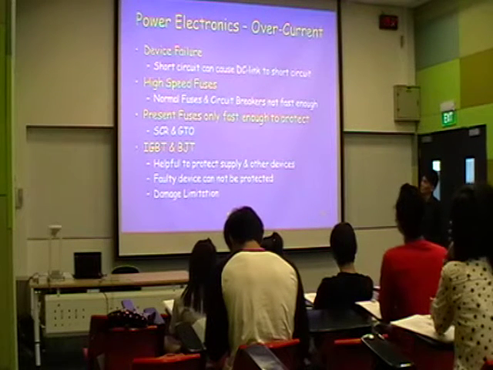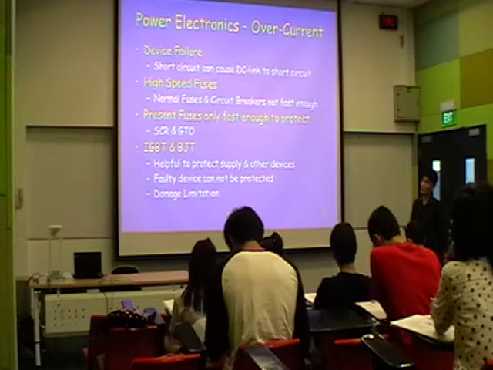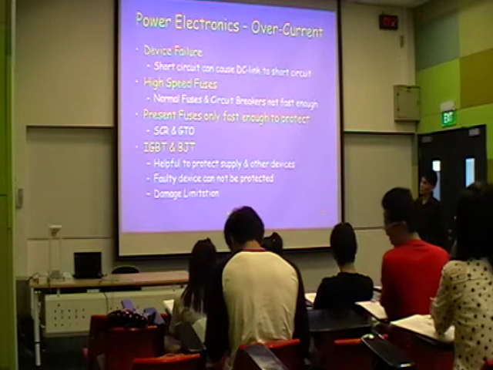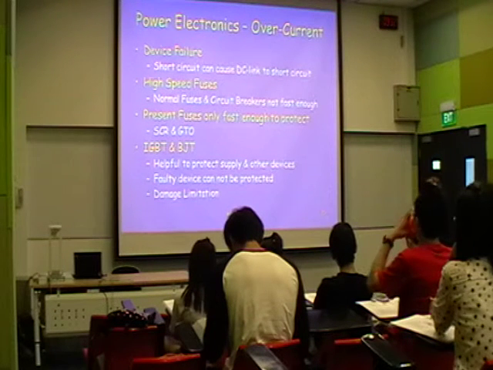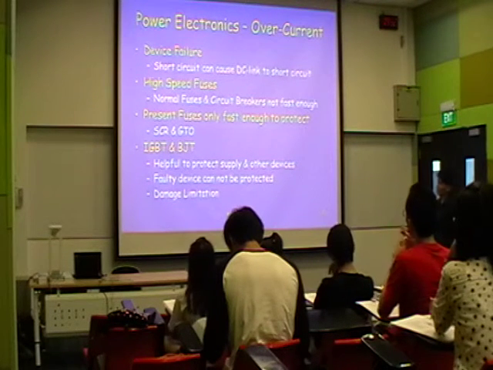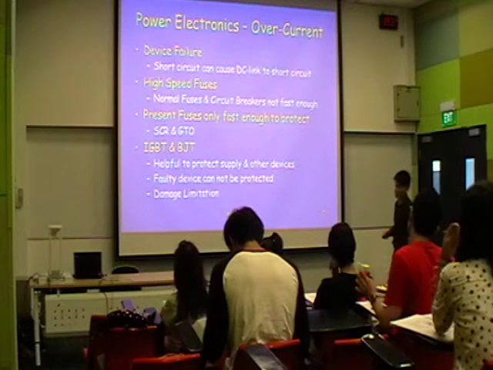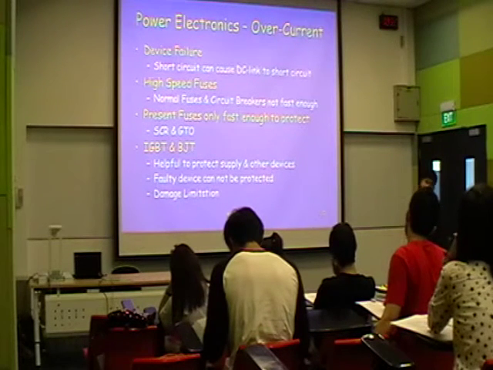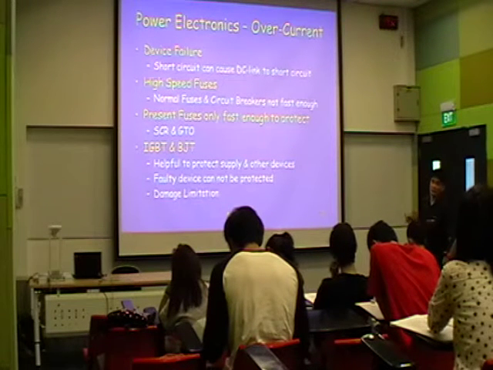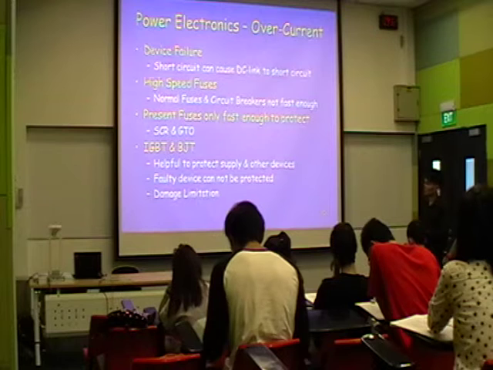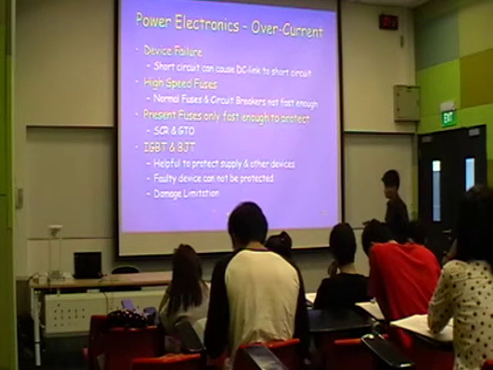If you use a fuse, the fuse is there to disconnect the current transmission in the cable. But sometimes the fuse might not act fast enough to stop the high currents. You let the high current pass, then it will fail, but it's too late. So this is something you have to watch out for.